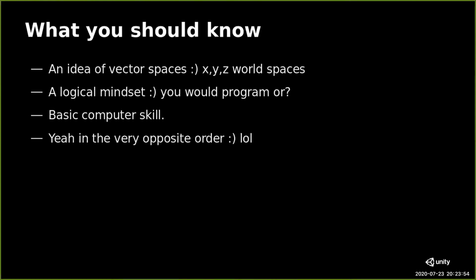Then, an idea of vector spaces. I always like this one because most of the things you'll be doing in the editor, building games, cinematic stories, virtual reality, augmented reality, you'll be manipulating 3D or 2D objects.